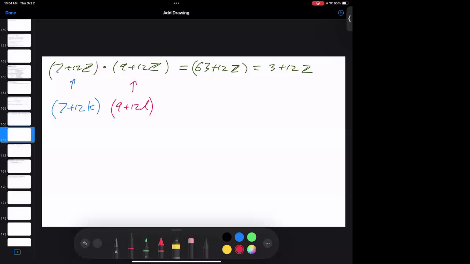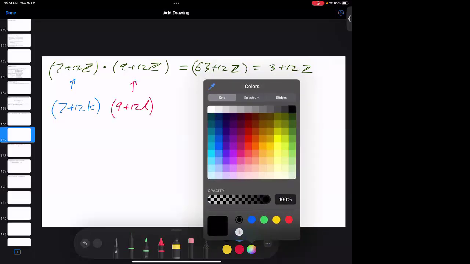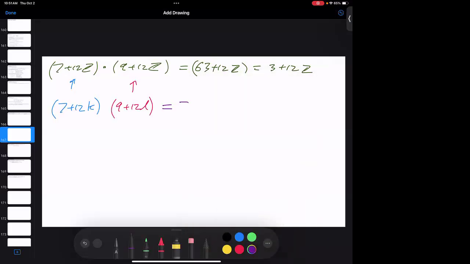And if I multiply them out, what do I get? I get 7 times 9 plus 7 times 12l plus 12k times 9 plus 12k times 12l. That's 63 plus 12 times (7l plus 9k plus 12kl). Ah, this is a multiple of 12.